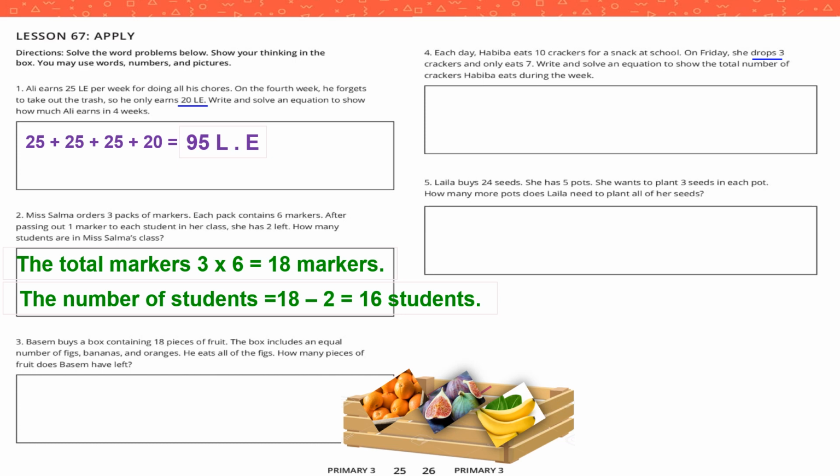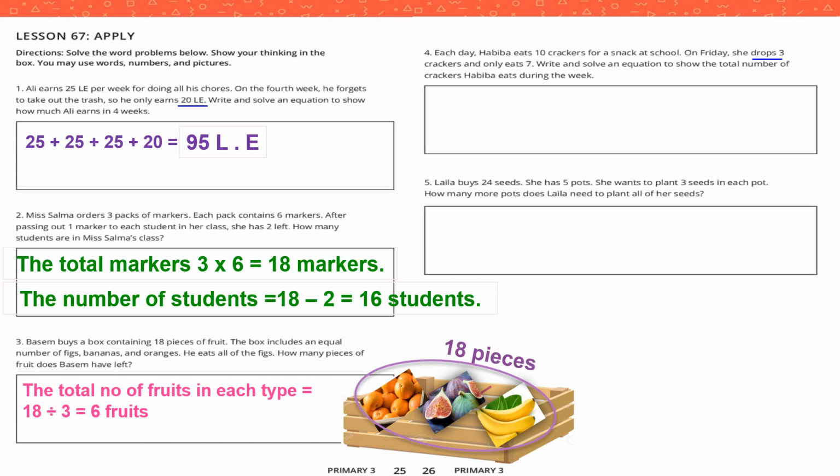Number 3, Basim buys a box containing 18 pieces of fruit. The box includes an equal number of figs, bananas, and oranges. So the total number of fruits is 18 pieces. It includes figs, oranges, and bananas. He eats all the figs.